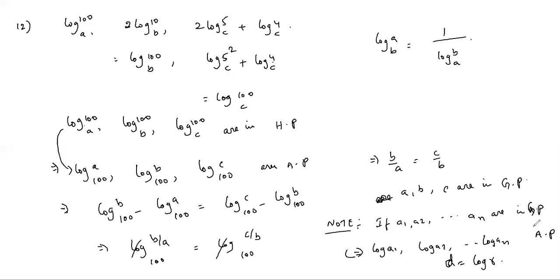If a sequence is in GP, the logarithmic sequence is in AP with common difference log R, where R is the common ratio of the given sequence.